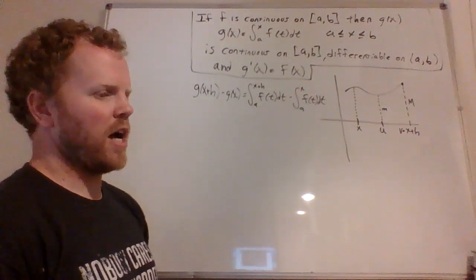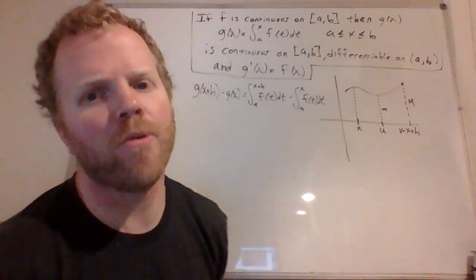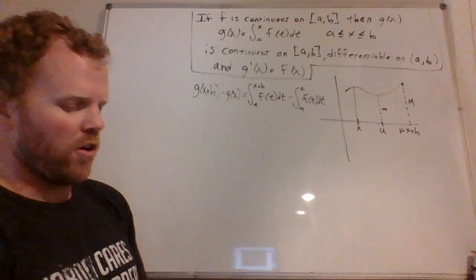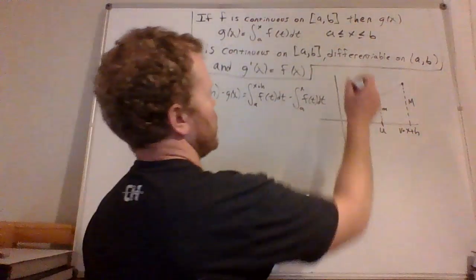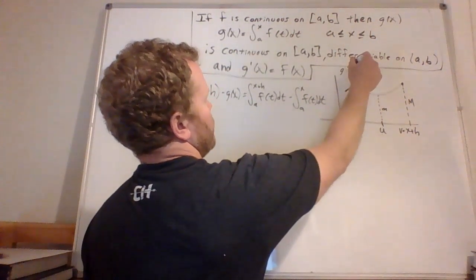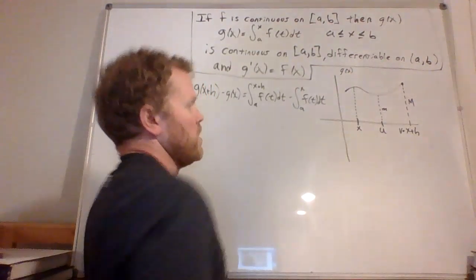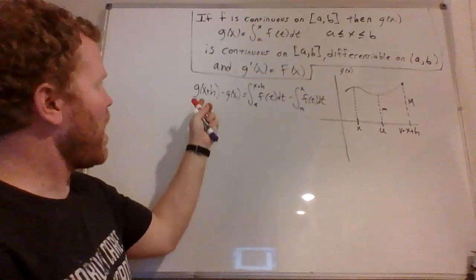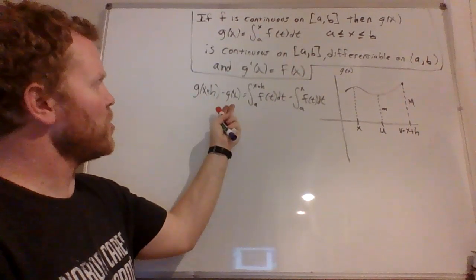So here's what I set up to do our proof, and how and why this thing is actually true. So I want to make a function g of x. The graph you have here is of this function g of x. So let's do g of x plus h minus g of x.